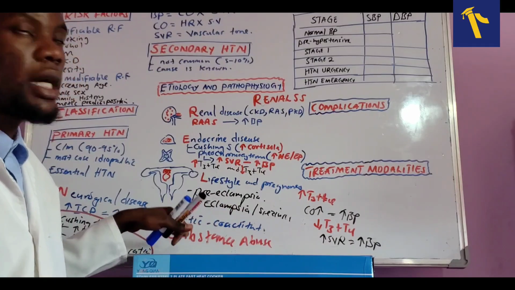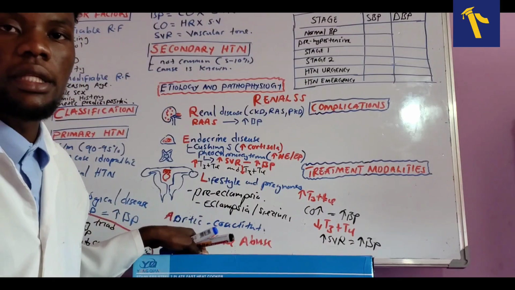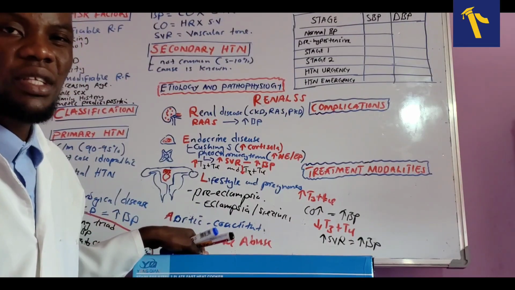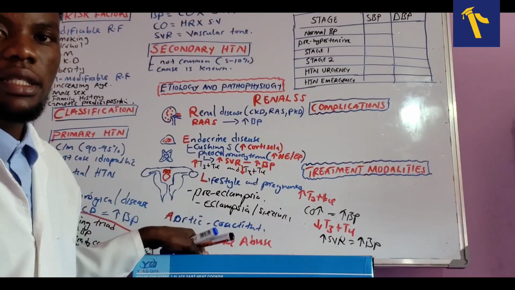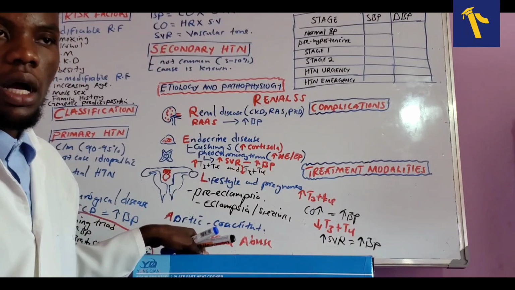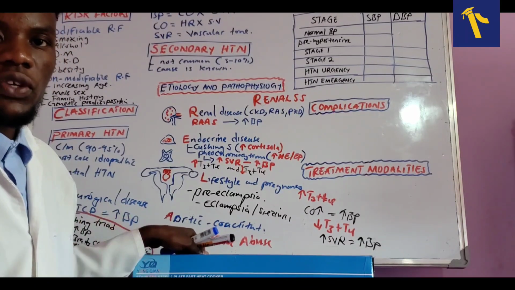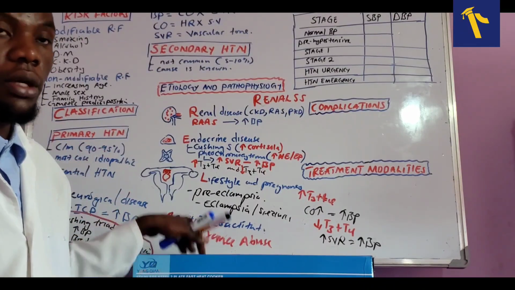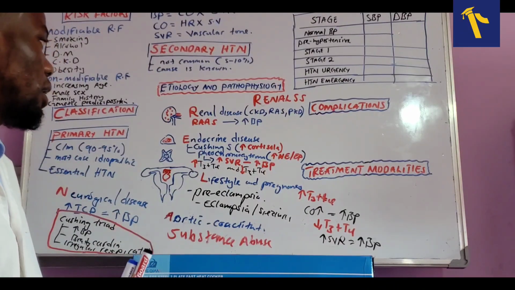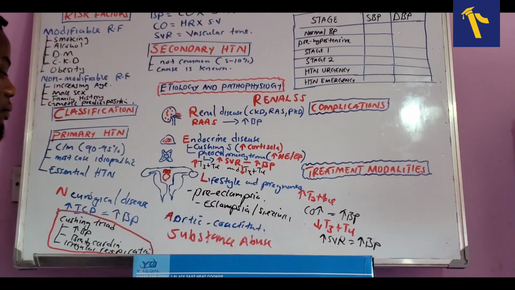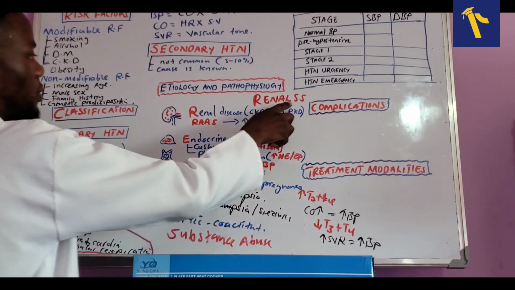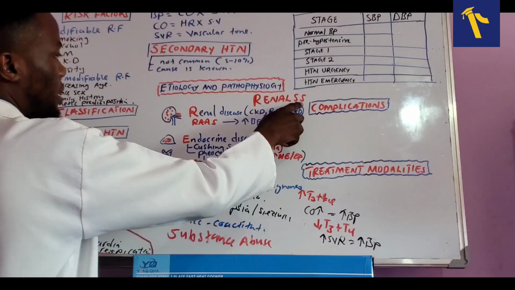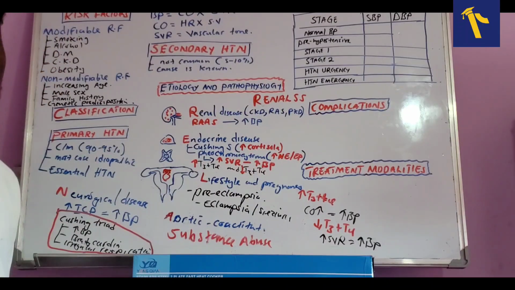Those are people who misuse drugs such as amphetamines, NSAIDs, corticosteroids. All those drugs elevate the blood pressure, causing the hypertension that we are talking about. The last S, there are two S. One is substance abuse, and the other S is sleep apnea.